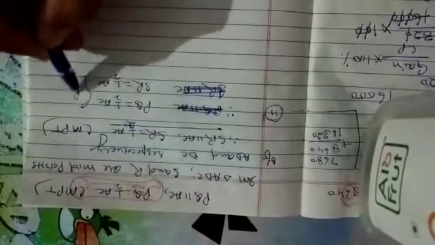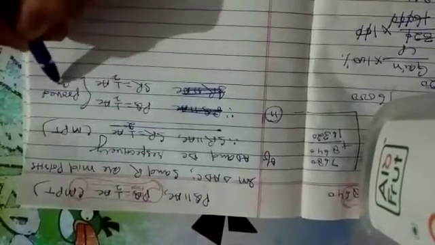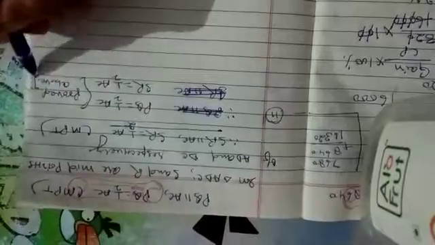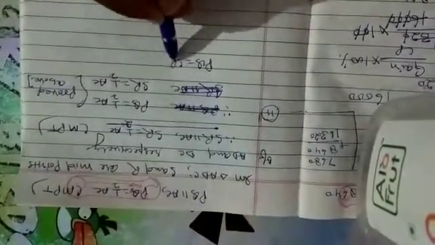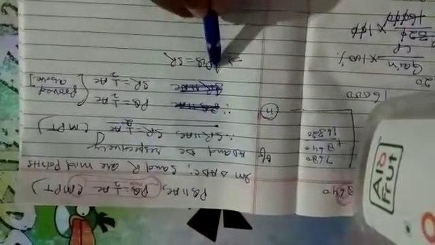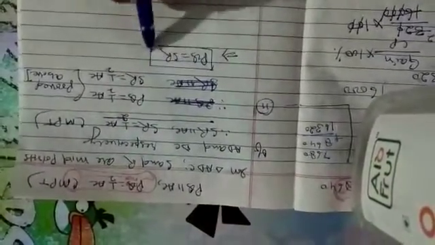In the first part we need to have equalities only. So PQ is half of AC and SR is half of AC. This is proved above. Okay, so from here we can say PQ is equal to SR. This is the conclusion which we can get from above.